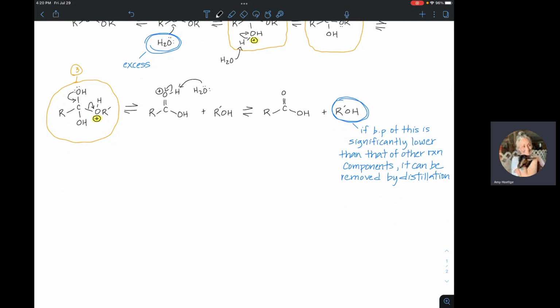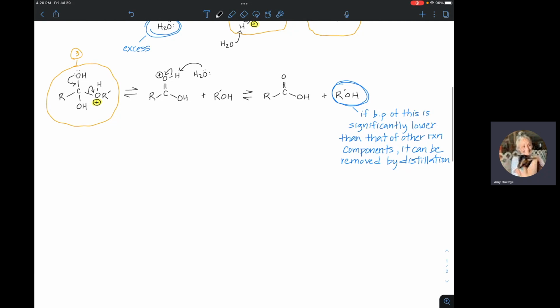So other acid catalyzed reactions, I should say. So let's just note this. There's a pattern to the reactivity in an acid catalyzed reaction.